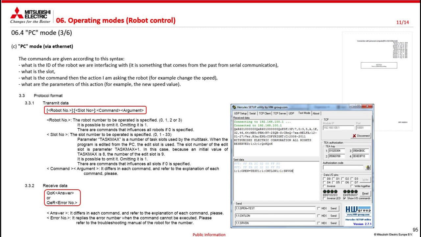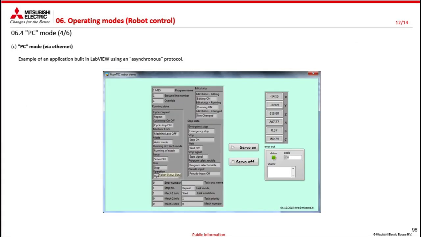For example, we ask the robot to make a speed change, and what the parameters of this action are, for example, the new speed value. Here you see a practical example of this application, where we see an interface created in LabVIEW using this asynchronous protocol.